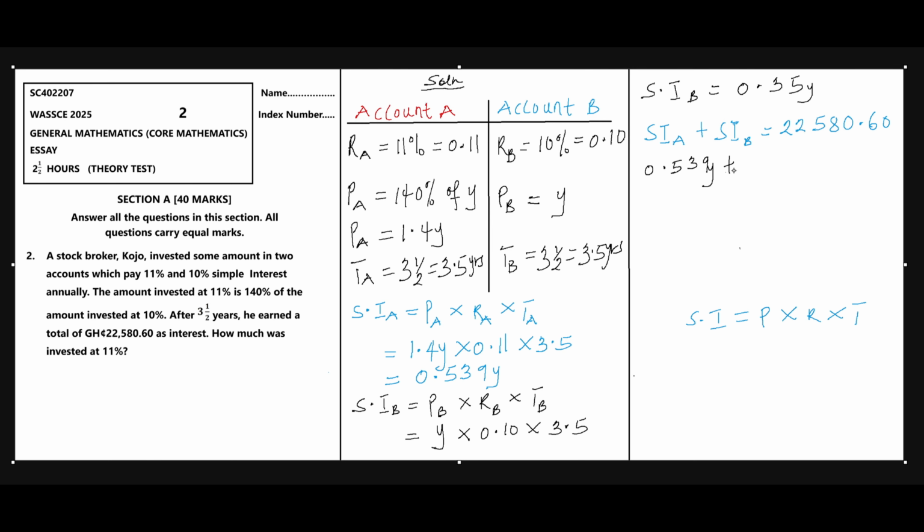The simple interest for account B, we have 0.35y, and this must be equal to 22,580.60.